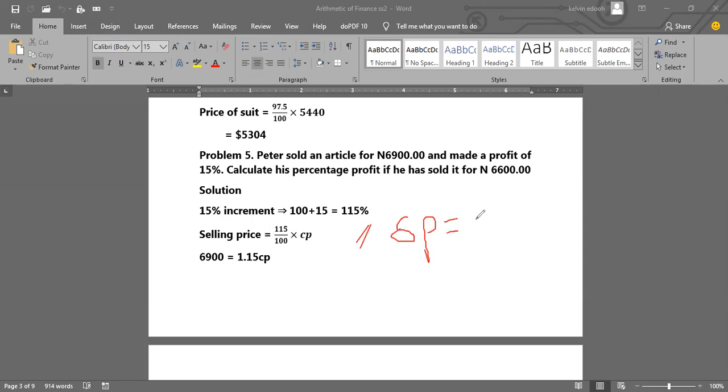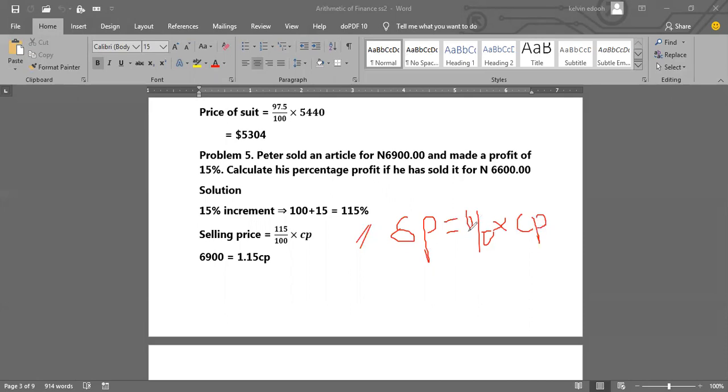So SP will just be the percentage given to you. So SP is equal to the percentage increment times CP.